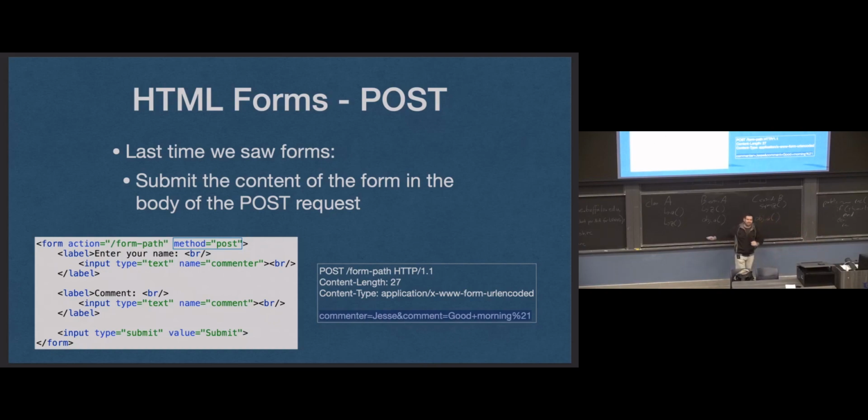We said, forget HTML forms, and we just had an input and a button, an actual HTML button, not an input of type submit, and we didn't have a form. And then we used JavaScript and AJAX and JSON to send our chat messages over to the server. So we kind of diverted away from HTML forms. So let's pick up the HTML form conversation.